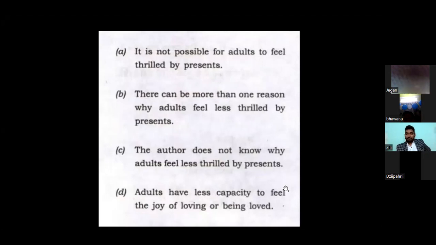So again, this capacity is abstract. So this is such a certain statement, which is again not a possibility. So I think the most probable would be B. A, C, D don't seem plausible. They don't appeal to you. Option B appeals more to you, which says there can be more than one reason why adults feel less thrilled by presents.